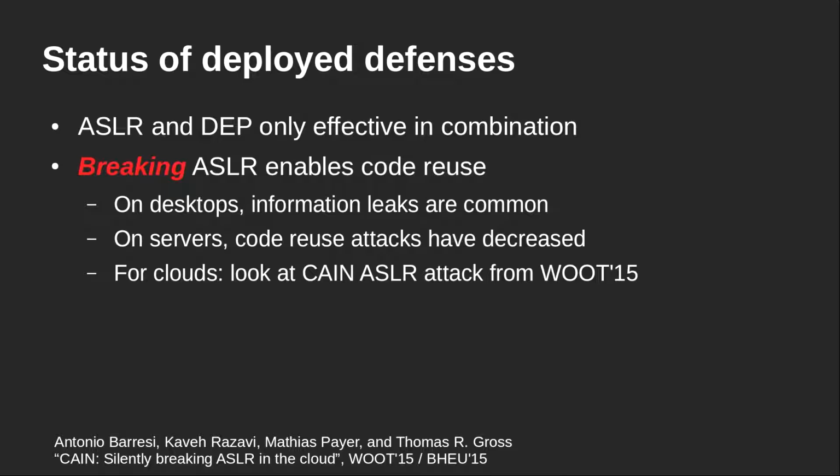So this summer, we actually worked on an attack that leaks the ASLR base addresses of all the concurrently running virtual machines for different Windows versions and different Linux versions by using a memory deduplication side channel that many cloud infrastructures use.